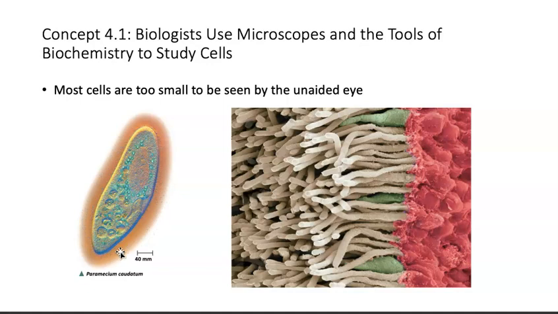You definitely could not see that with the naked eye. But interestingly, this paramecium is surrounded by a cloud almost of cilia, and in order to see the cilia, you really need a very good microscope. That's what we mean by how important microscopy is to biology.